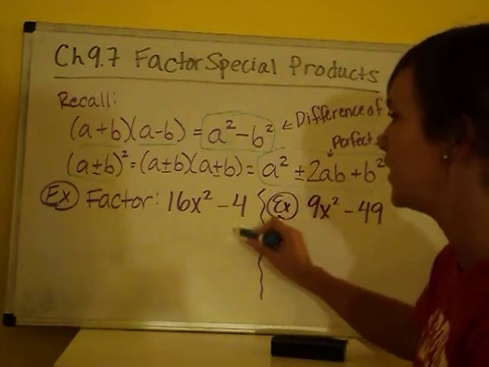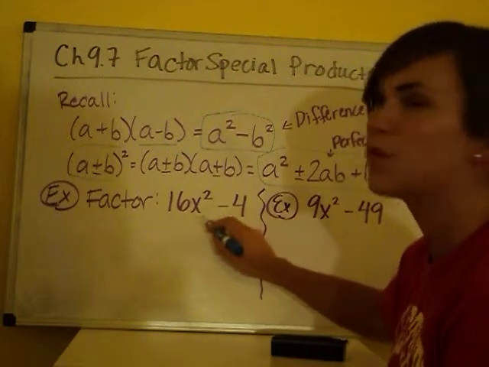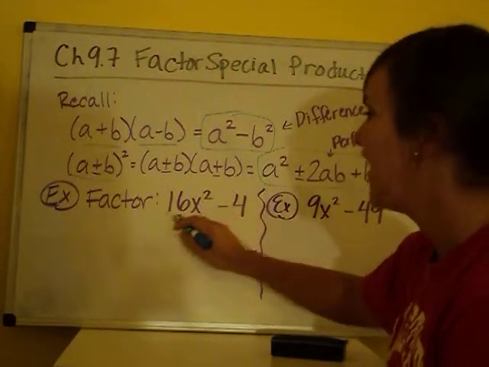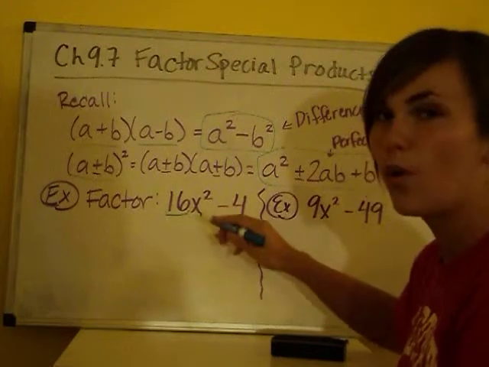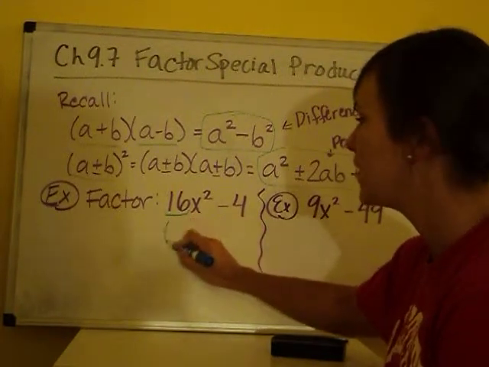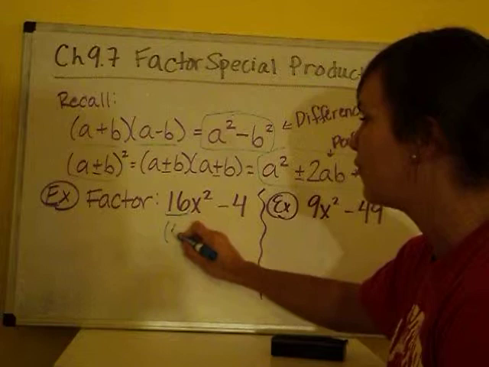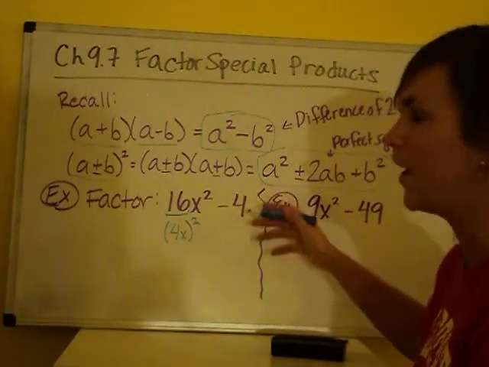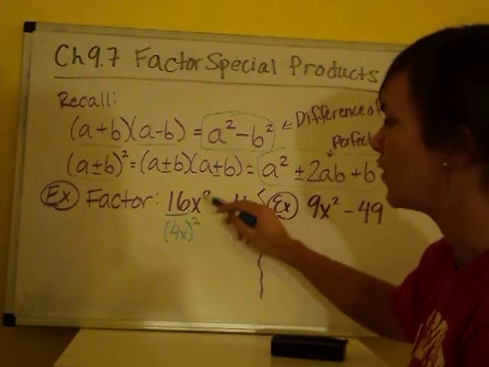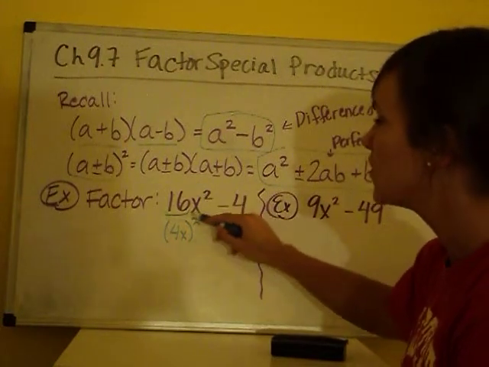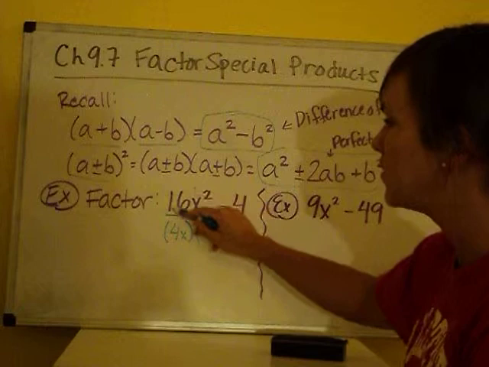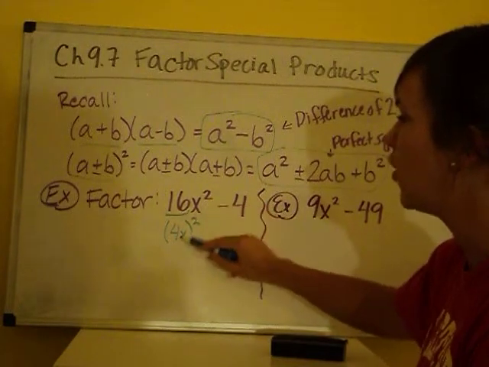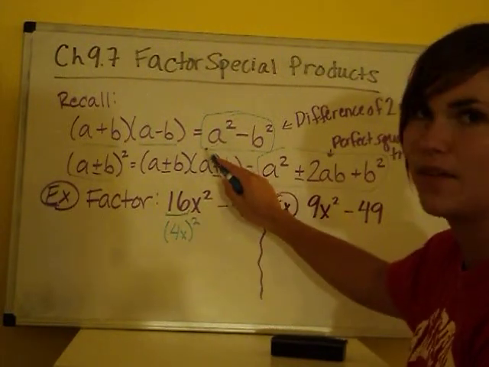Okay, so here, if I look at this, I have an x squared, which that's a good sign already. And 16, I know, is 4 squared. So actually what's happening here is I'm having 4x, and it is being squared to get that, because then you would square the 4 and square the x. So 4x is what is being squared to get this 16x squared, which means that 4x is our a.